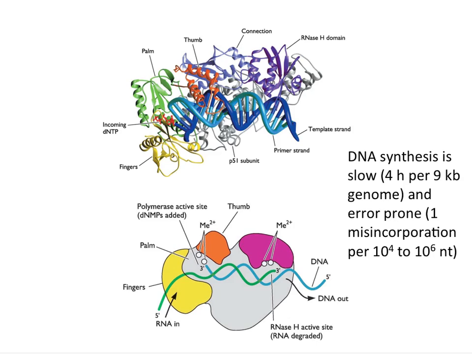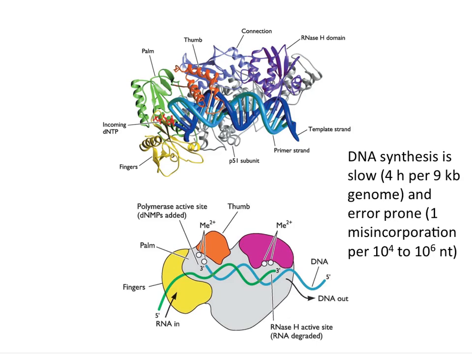And at the top is the structure of reverse transcriptase with its RNase H domain bound to a template and primer, an RNA-DNA template-primer combination. And what you can see here, there's a palm domain which has the active site, right here, in their fingers and thumb domains. The RNase H domain is far from the active site here.